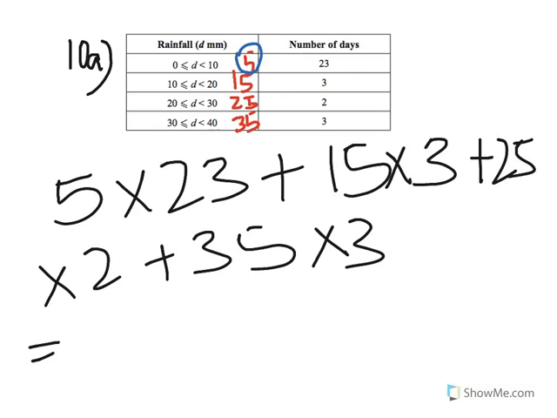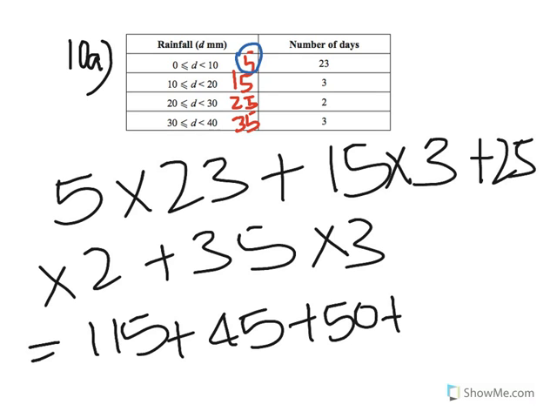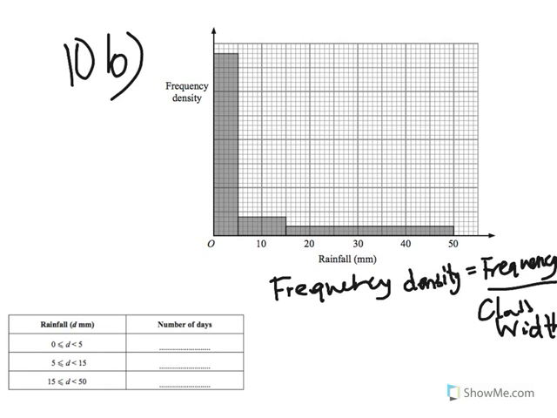And you're going to get 115 plus 45 plus 50 plus 105, which is equal to 350. So there's approximately 350 millimeters of rain in December.